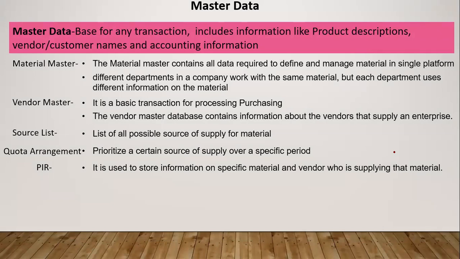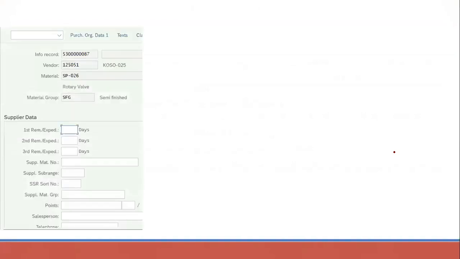So let's see in the system. The T code to create a purchasing info record is ME11. If we put this T code here, this screen will appear. This purchasing info record is a combination of material and vendor. So what is the price for the material for that particular vendor?